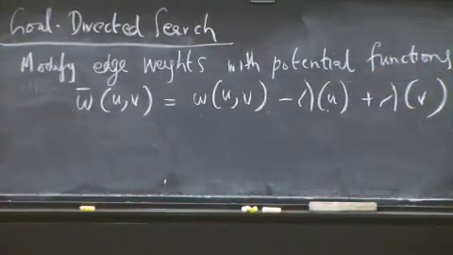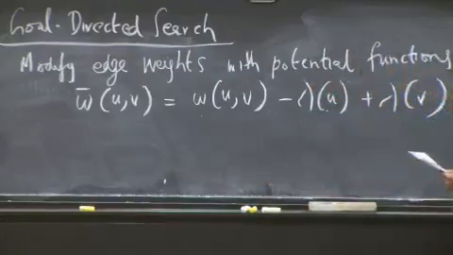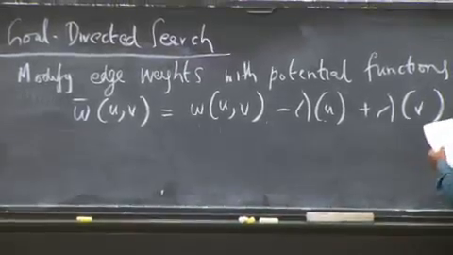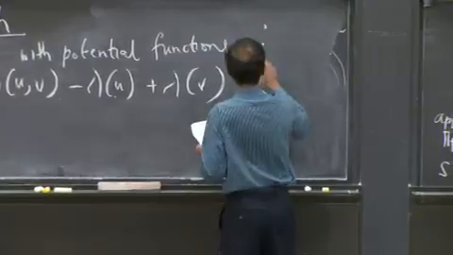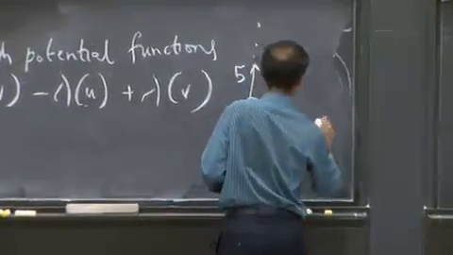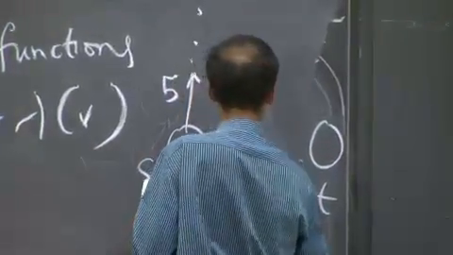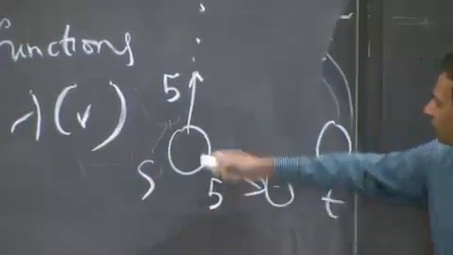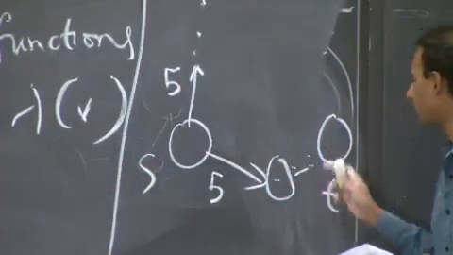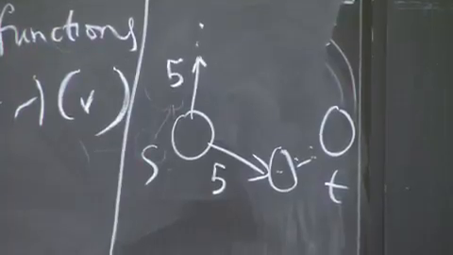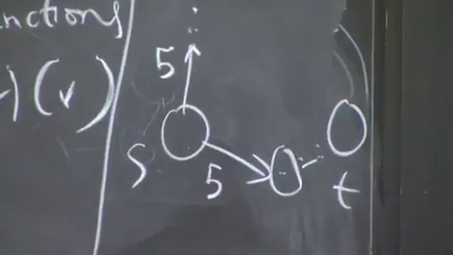Okay? Now, we have to be a little careful here with respect to the choice of lambda. But the basic idea in terms of lambda is that suppose you have something like this, where you have a source vertex S, and you're again trying to do single source, single target going to T. And let's say you have an edge of weight 5 going out and an edge of weight 5 going out this way.